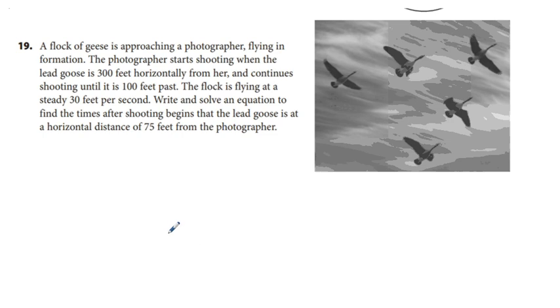So we have this photographer here. I'm just going to make kind of a tripod as a camera on it. So that's going to be represented in there. That's such a pretty camera. But anyway, we have a flock of geese flying in this direction. And the initial placement of the head of the geese is 300 feet away from the photographer.